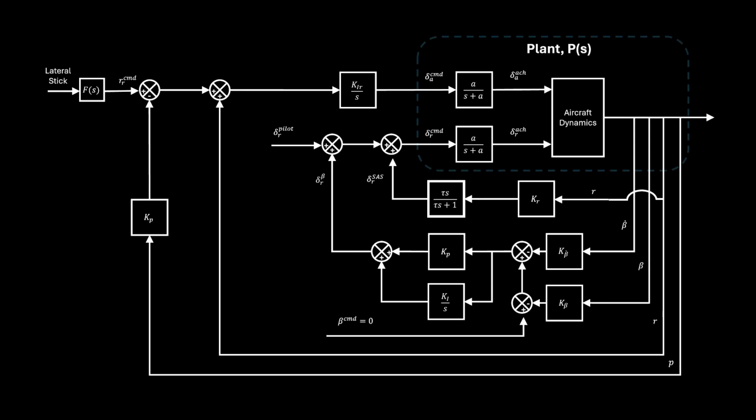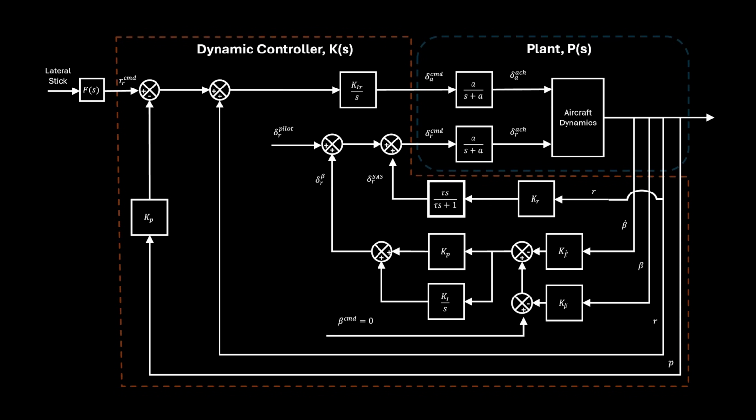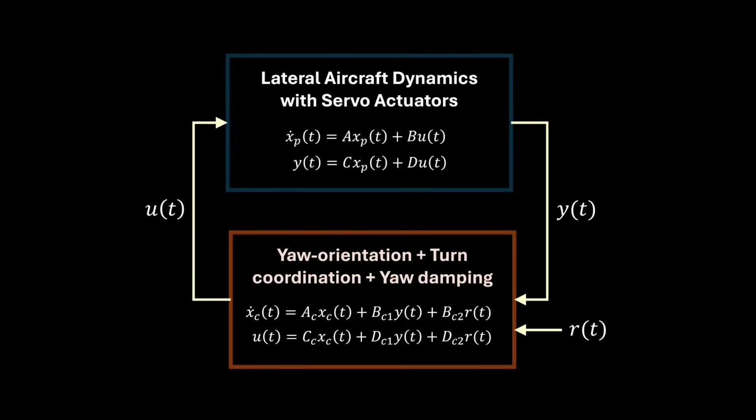Our analysis of this system involves constructing state space models for the plant and the controller, where the plant receives the control input U, outputs the measurement Y, and the controller receives the two inputs Y and R and outputs U. Note the feedback channels Y and the command input channels R are separate inputs into the LTI dynamic controller.